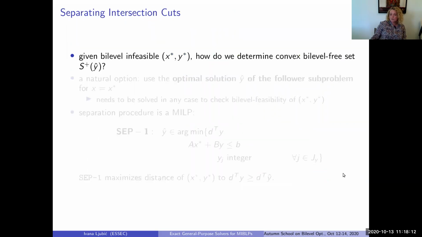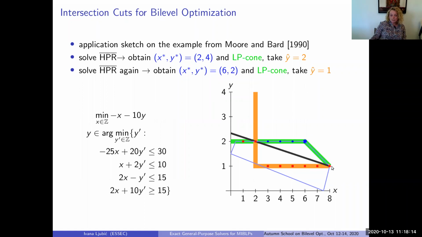You cut away this point, and after solving the next relaxation, you're lucky, you're here, and you get the optimal solution. So that's the idea of running intersection cuts on top of the standard branch and bound with HPR relaxation.